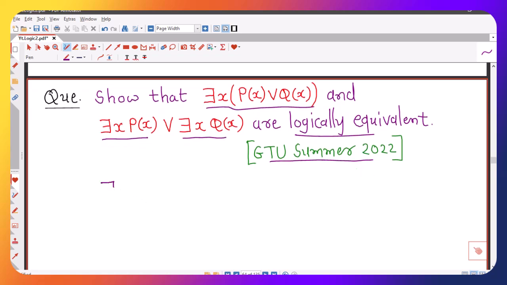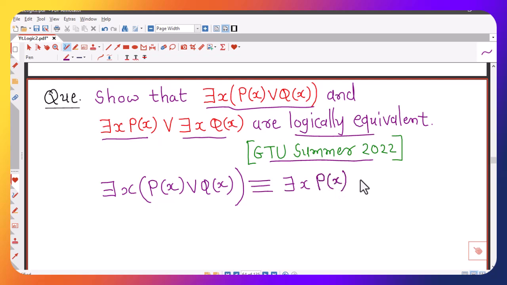We can rewrite this in this way also: there exists x such that px or qx is logically equivalent to there exists x px or there exists x qx. Here we are distributing the existential quantifier over the disjunction.